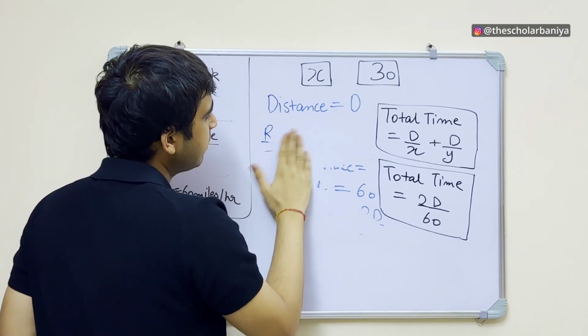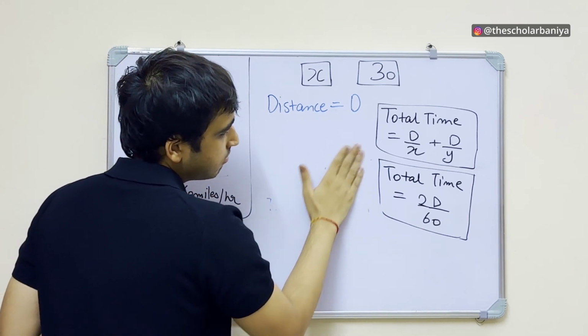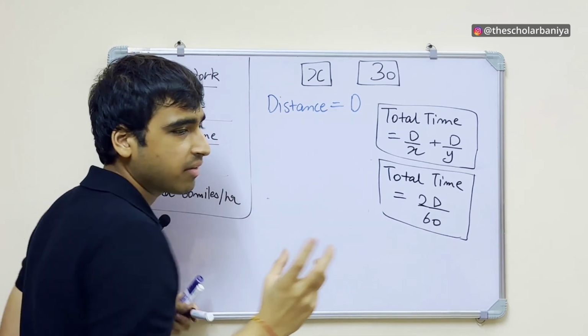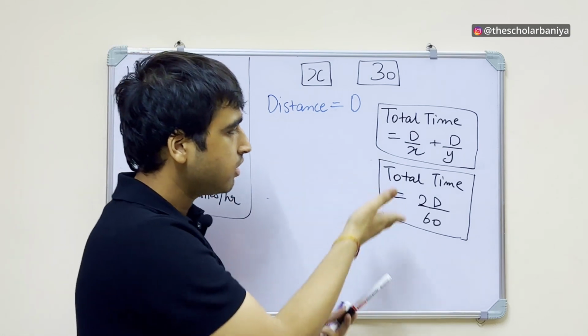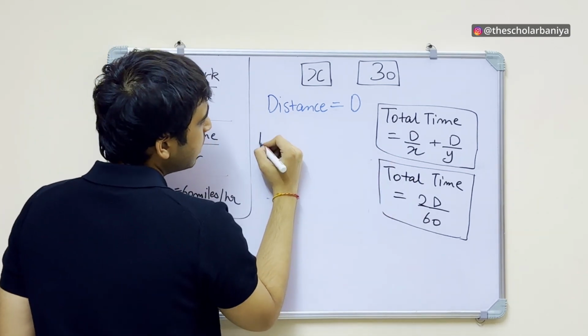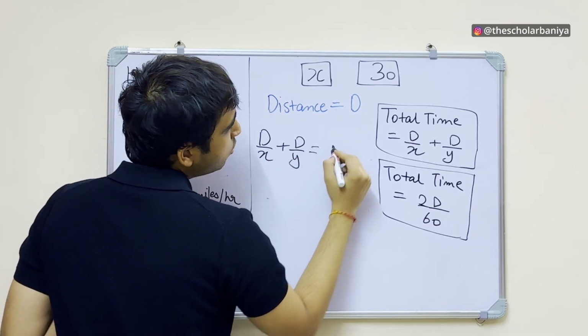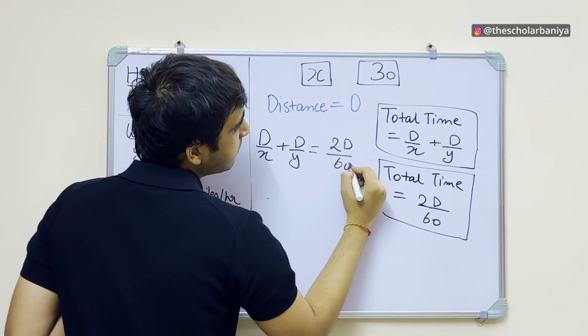Now, obviously in both cases the total time will be the same, because the person is one and the trip is one. So D upon X plus D upon Y is equal to 2D upon 60.